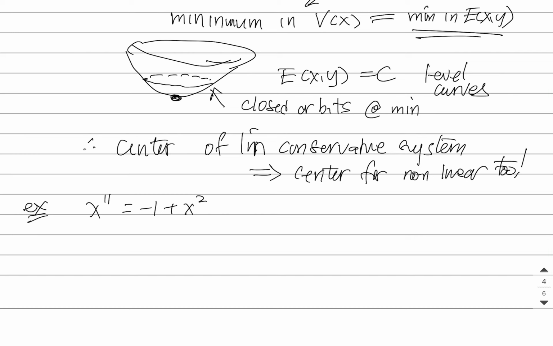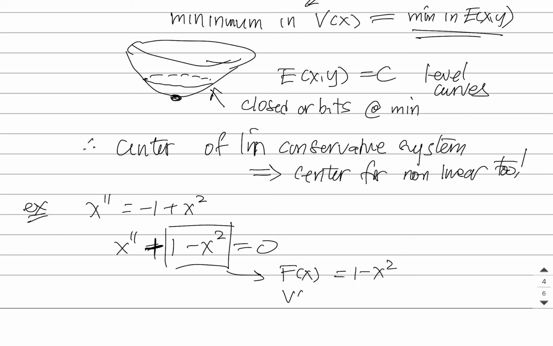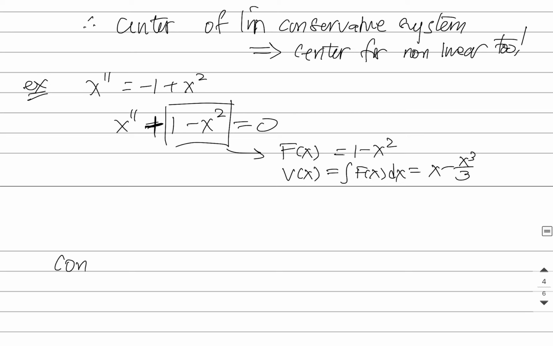Now here's an example of a system. This example here, we're going to rewrite in the following way. We'll get 1 minus x squared is 0. This thing right here will be our force function, 1 minus x squared. So v of x will be its antiderivative, x minus x cubed over 3. Now the conserved quantity is going to work like this.